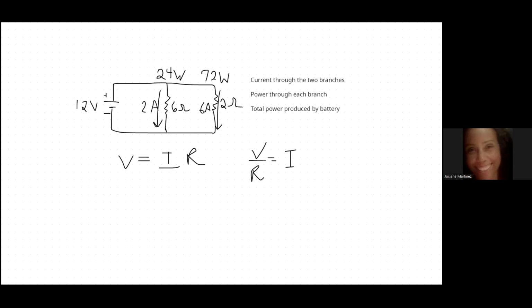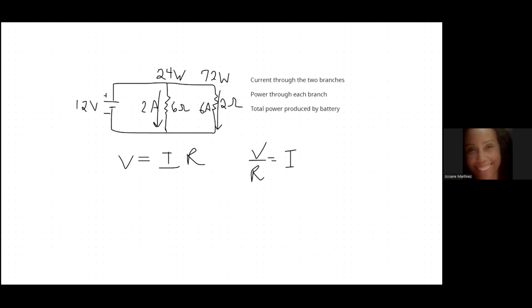Okay. And now we can look at some of the relationships we looked at before. Let's do the ratios and see if things match up the way we had them before. I'll let you do that for a second. Look at the currents, 2 amps, 6 amps. I have a 3-to-1 ratio, don't I? And in my resistors, I have the same 3-to-1 ratio, although it's reversed.